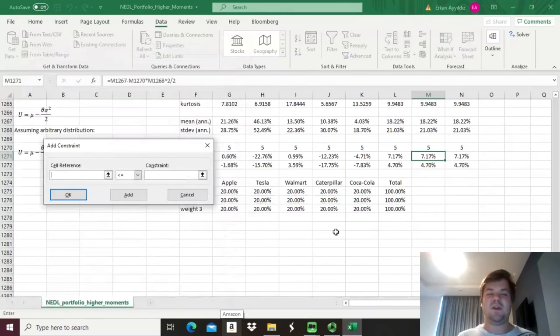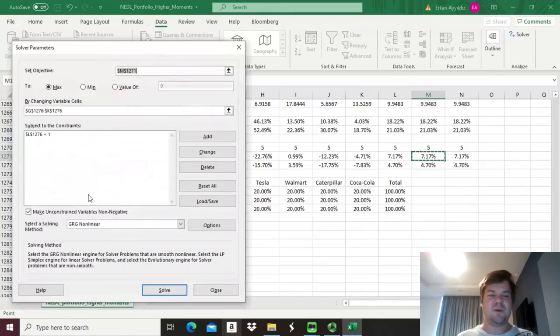We need to ensure that we invest 100% of our capital into all those 5 stocks, so none is left and we don't go over the top, so the sum of weights should be equal to 1.